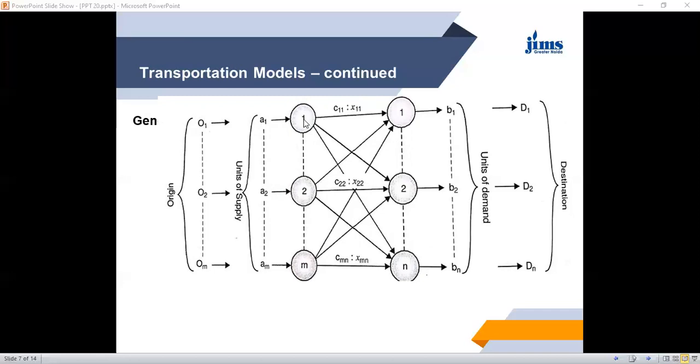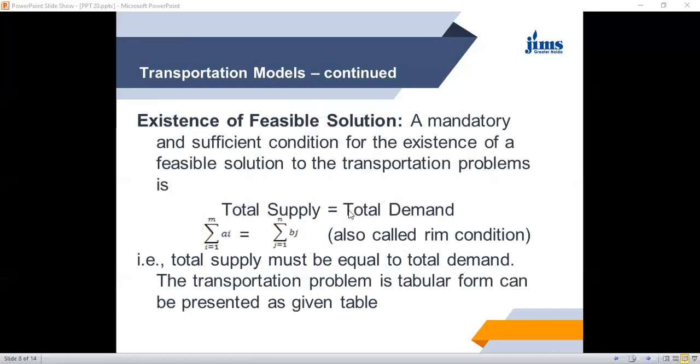From origin 1, if you supply to destination 2, the cost is C12 and the quantity X12. Likewise, from 1 to 2, if you supply, there is some cost. So this is the general model.